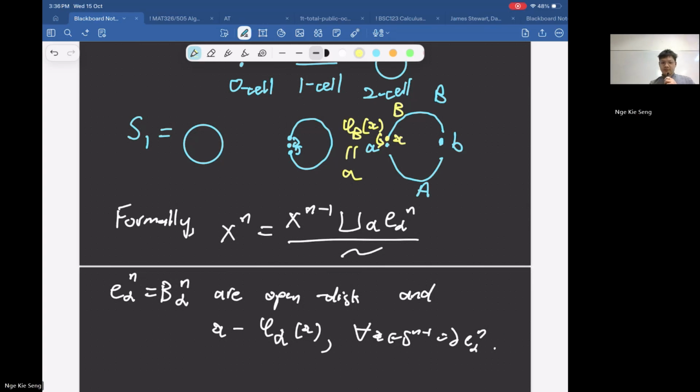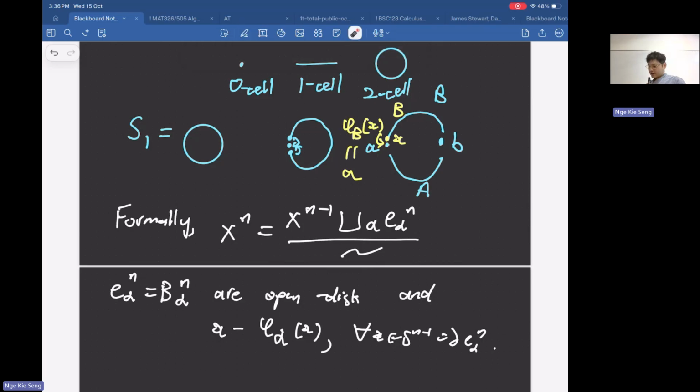So if this n stops, then X will be a finite dimensional CW complex, and the smallest such n is called the dimension of this topological space. This is also X^1, we just stop at 1. This one also stops at 1. So this is the dimension of this CW complex, one dimensional.